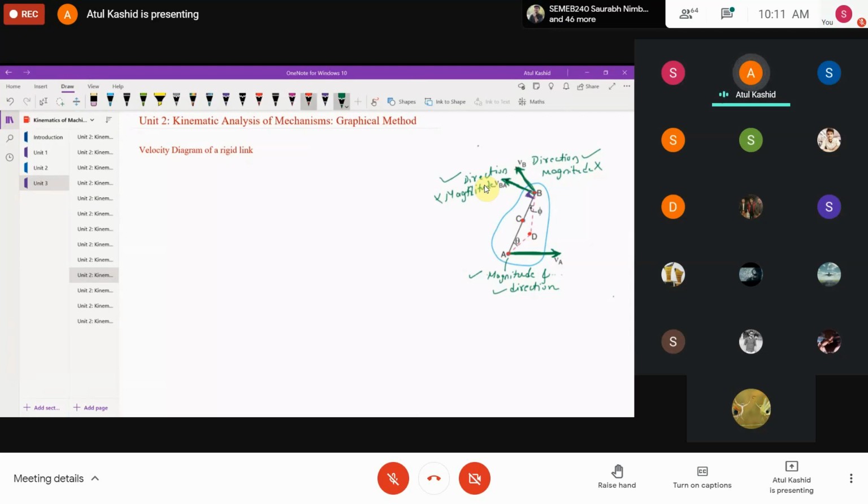These unknown things we can calculate by using the velocity diagram. For that, we will start from a point which is known in magnitude and direction. In this example, the point A is the point for which we know the magnitude and the direction.